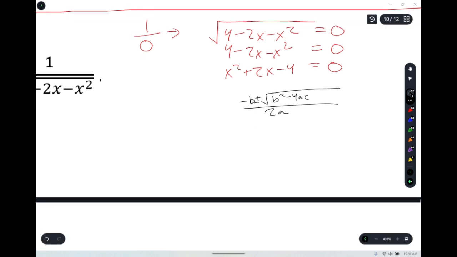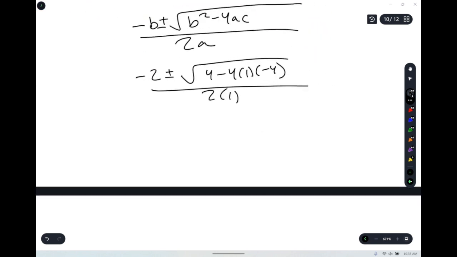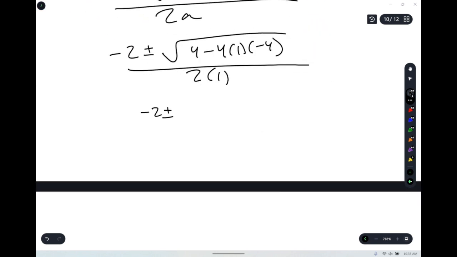Yeah, it does have zeros. They're just ugly. So negative 2 plus or minus the square root of 4 minus 4 times 1 times negative 4 all over 2 times 1. Negative 2 plus or minus the square root of 4 plus 16, that's 20. All over 2.